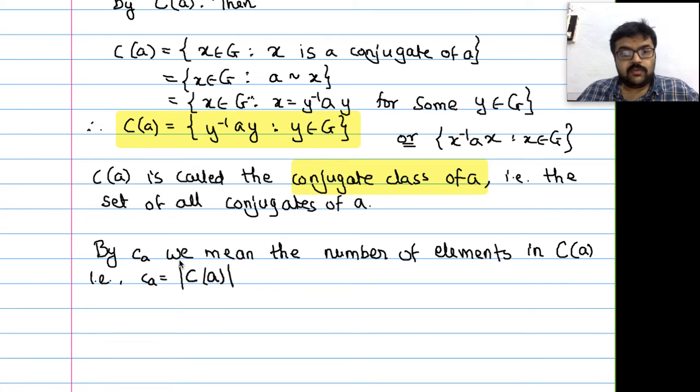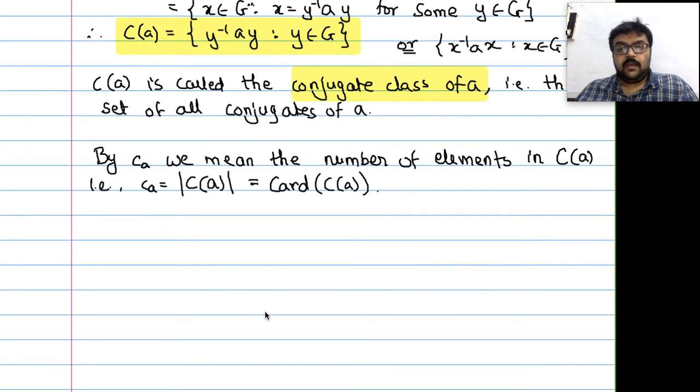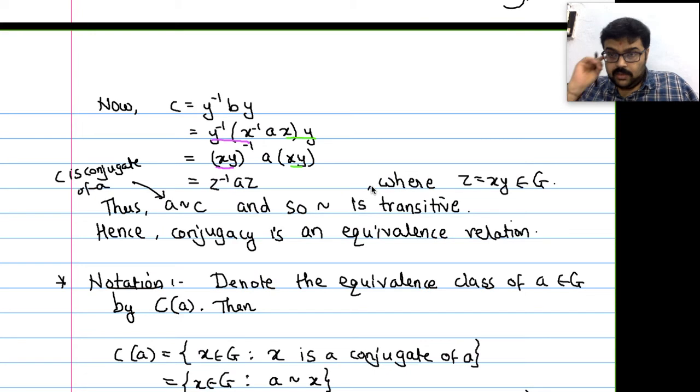This is the notation which we use for cardinality. Small c suffix a is the cardinality of C of A, which we sometimes also write like this.